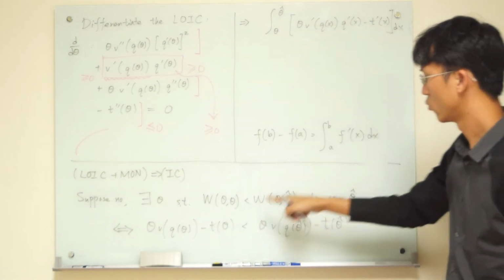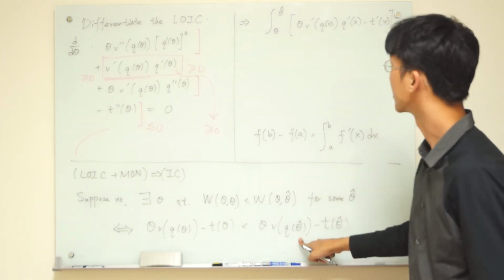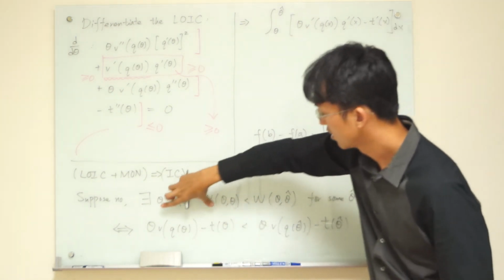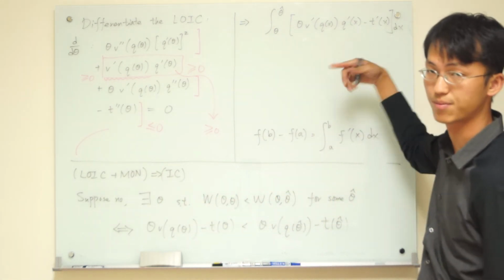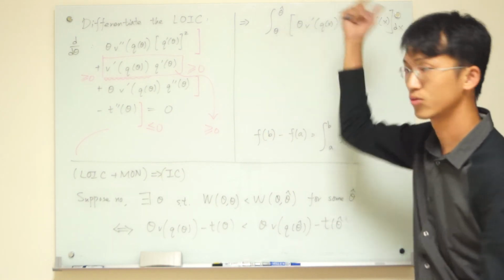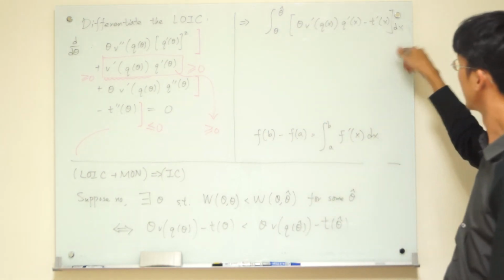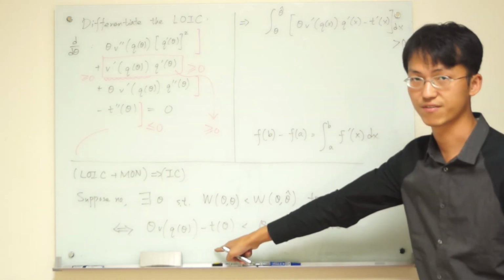One thing that is changing is this from theta to theta hat. From theta to theta hat, we take the differentiation to the inside of the integrand, and then do an integration. This will be greater than 0 because the right hand side is greater than the left hand side.